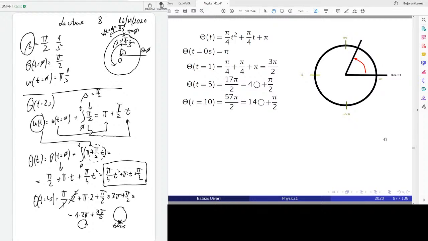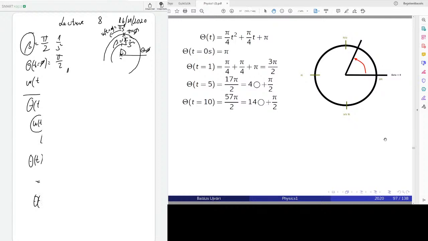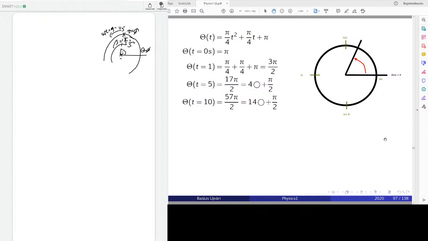Alright, so this is the kinematics of the circular motion, but a bit more interesting is the dynamics, when we start to talk about energy, work, especially what is the kinetic energy of a rotating body.